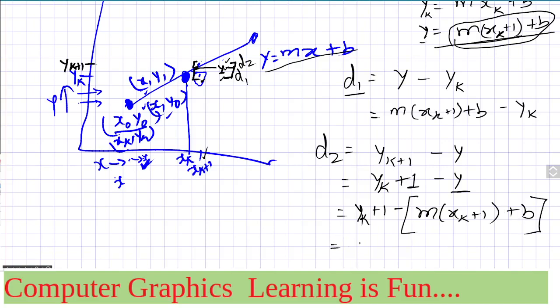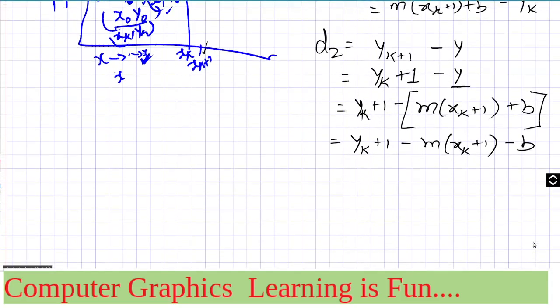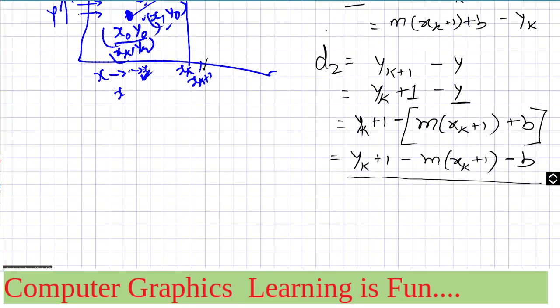So you can write it as yk plus 1 minus m into xk plus 1 minus b, right? No problem. So let me keep it like this only for now. This is our d2 and this was our d1, right? Now we have d1 and d2.